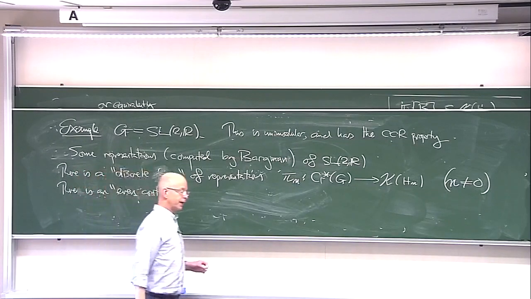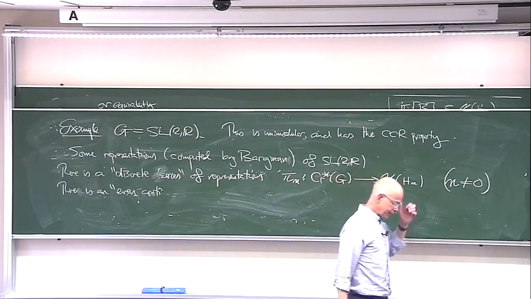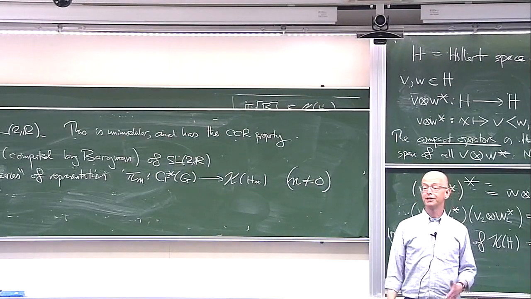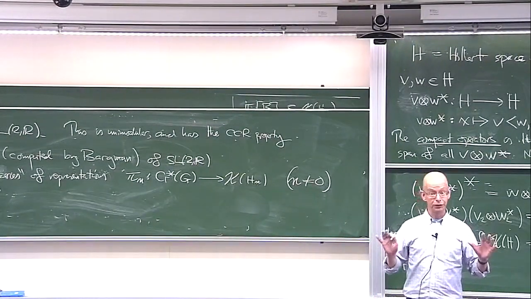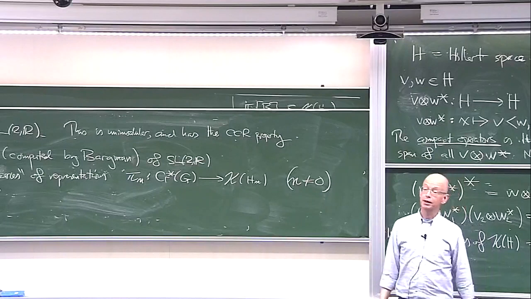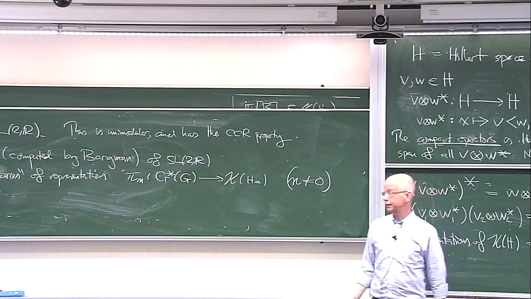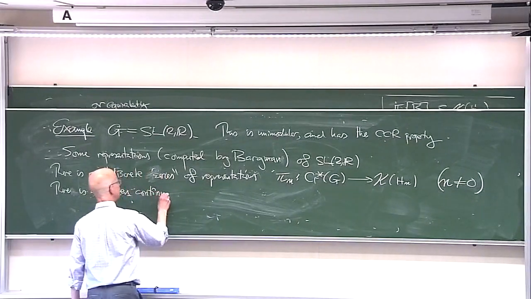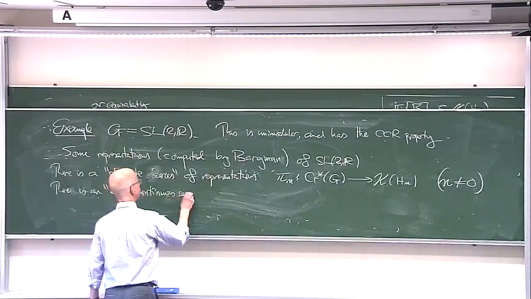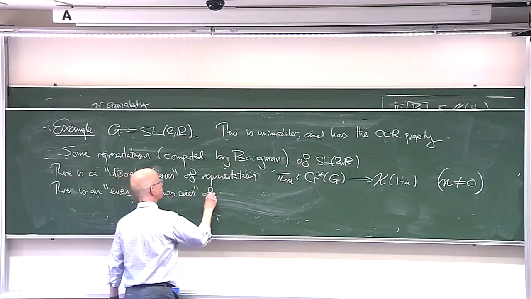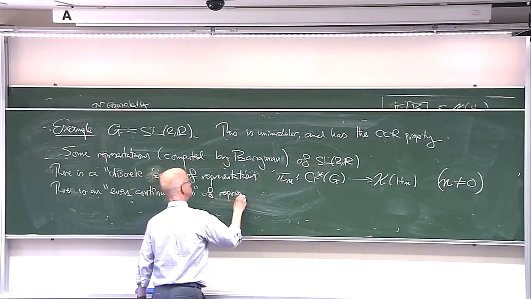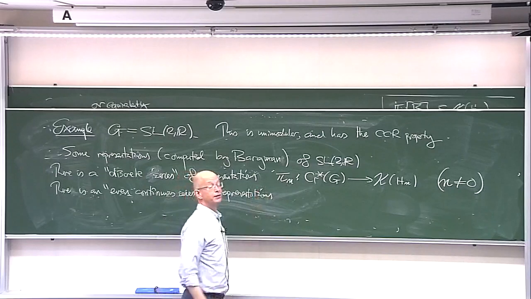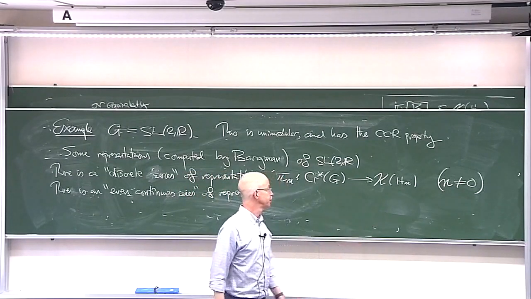So in the 1940s, Bargmann worked everything out that I'm about to tell you. And then it took about 30 years to understand the general context of what Bargmann discovered, and that's what I'll describe in these lectures. First of all, there's a so-called even continuous series. They're called continuous because they're labeled by a continuous parameter.